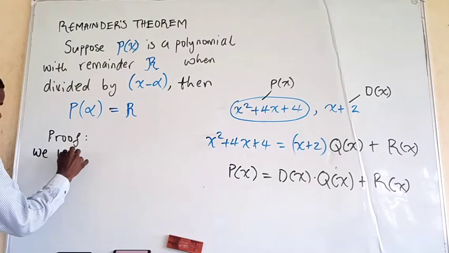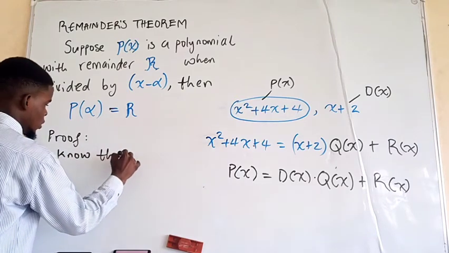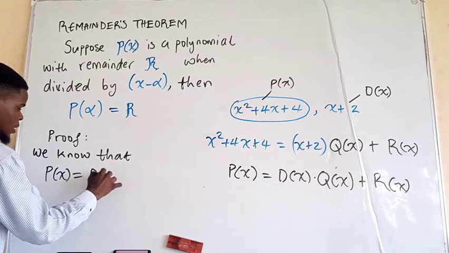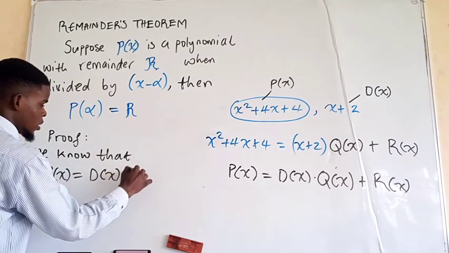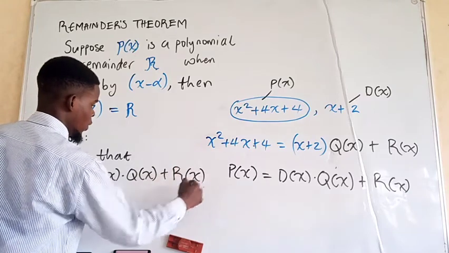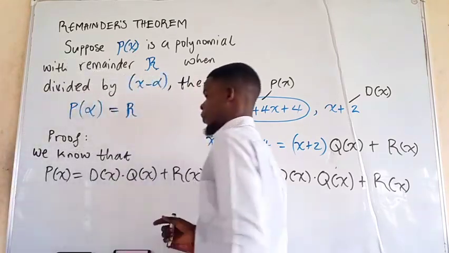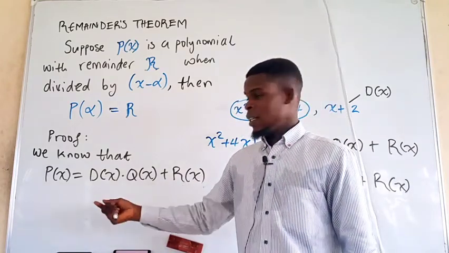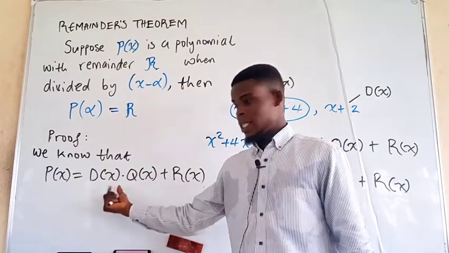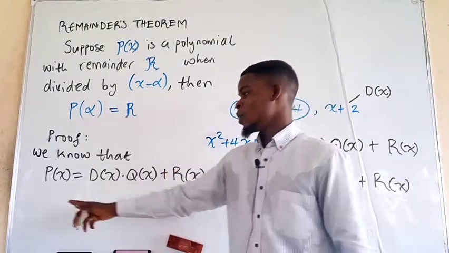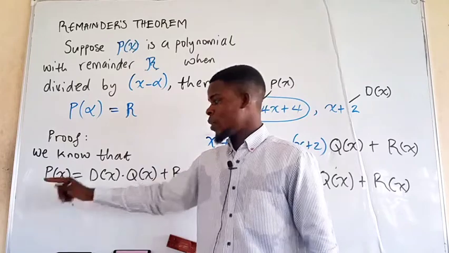We know that the polynomial p of x is the same thing as d of x times q of x plus r of x. Now notice that the degree of the product of these two polynomials, d of x and q of x, should be less than or equal to the degree of the main polynomial.